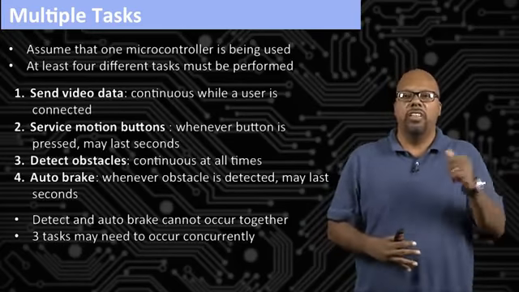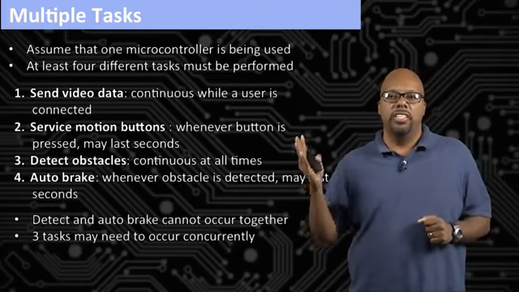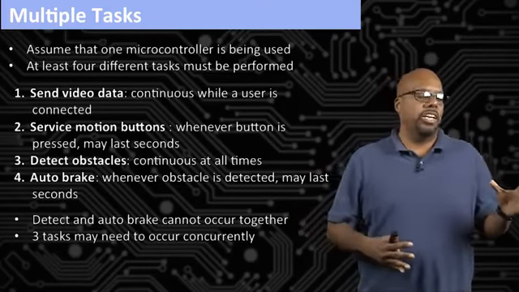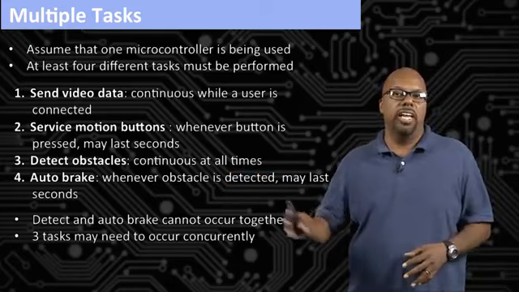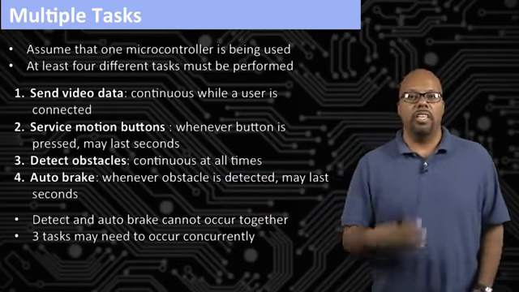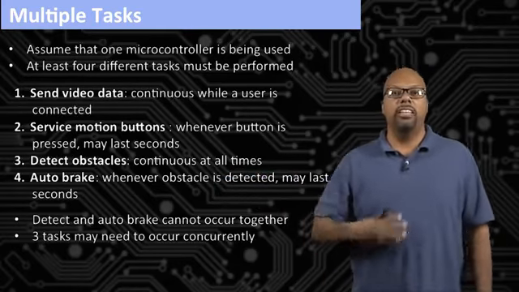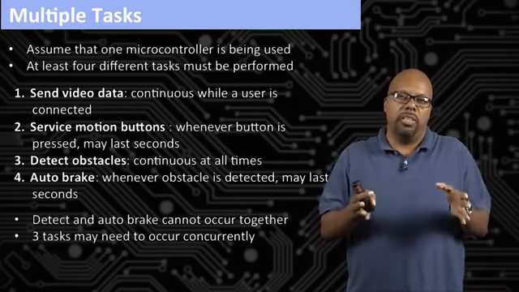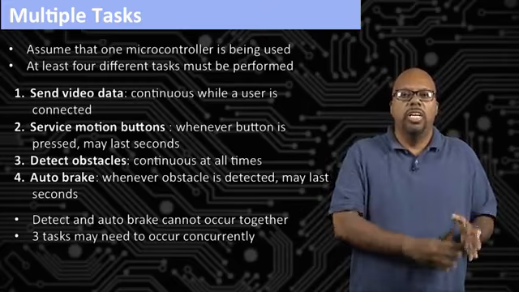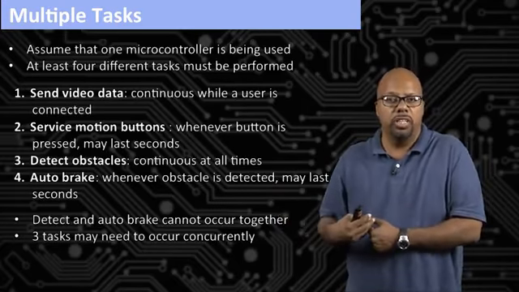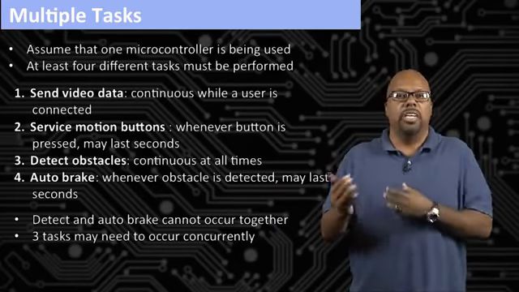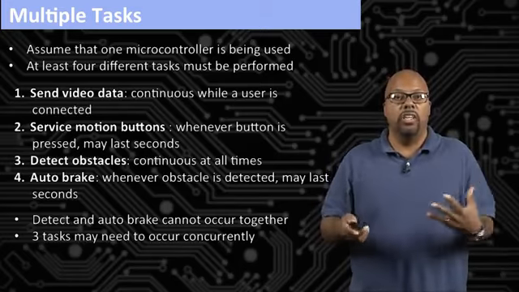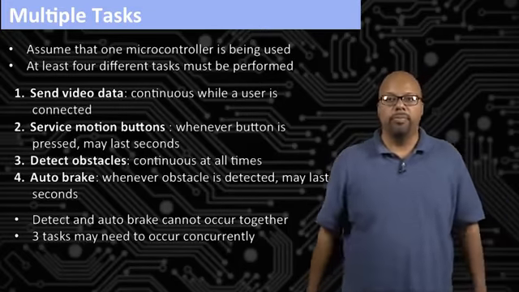So you can write one piece of code that just sends video data, another piece that services motion buttons, another one that detects obstacles, and another one that does auto brake. Then you give them to the operating system, and the operating system will make sure that they all run at the same time. As a programmer, you can write things separately. You can write the sending video data code separately from the servicing motion button code, right? And the operating system can interleave them for you, and that relieves a lot of burden from the programmer.